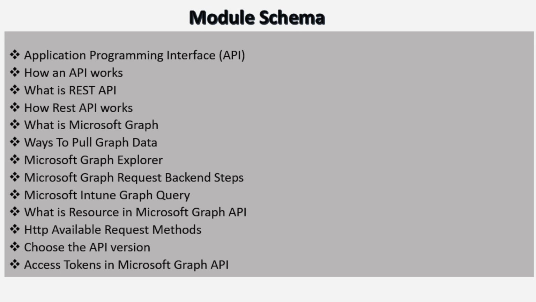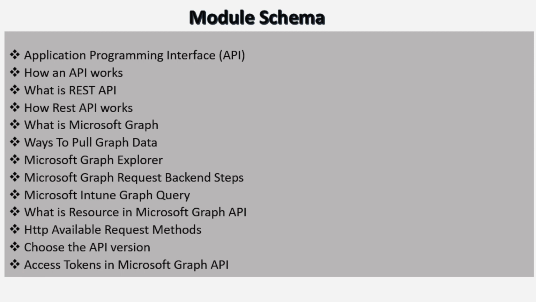Then we will dive into REST APIs, which is a type of API that uses HTTP methods to communicate with resources. I will explain what Microsoft Graph is and how many ways we can use to pull the data from it. Then we will talk about Microsoft Graph Explorer, which is a web-based tool that allows you to interact with Microsoft Graph and test your query before implementing them in your code.